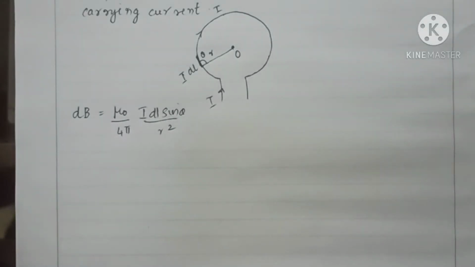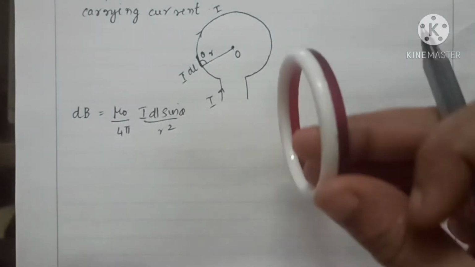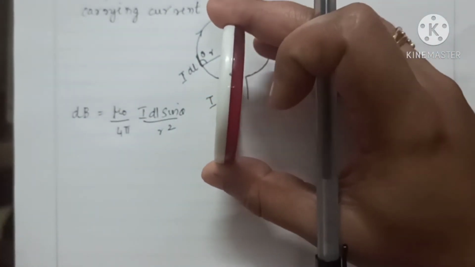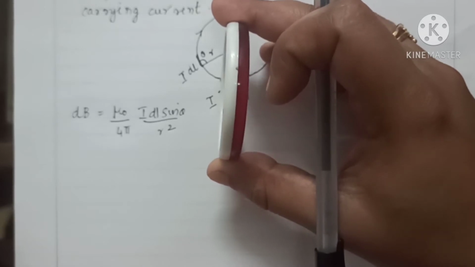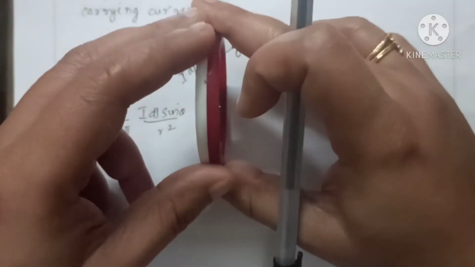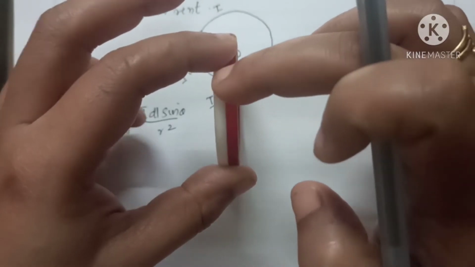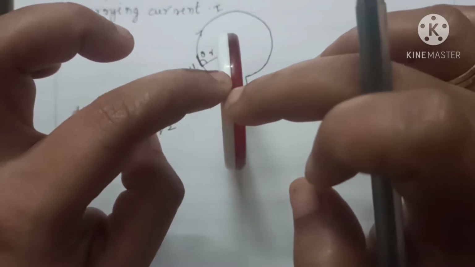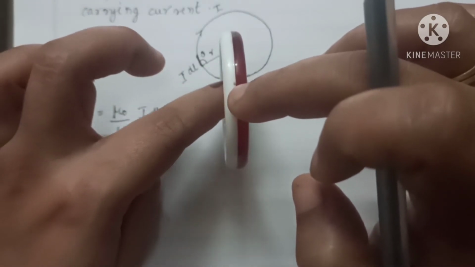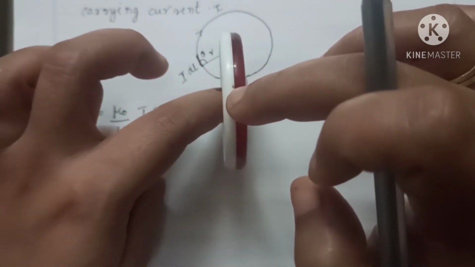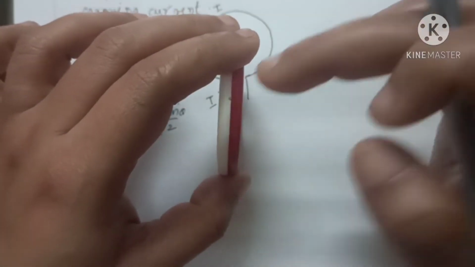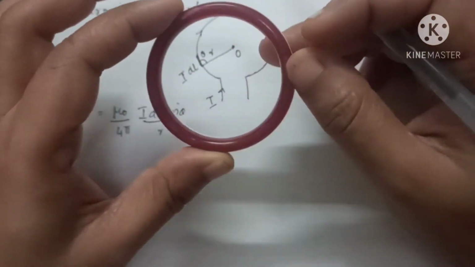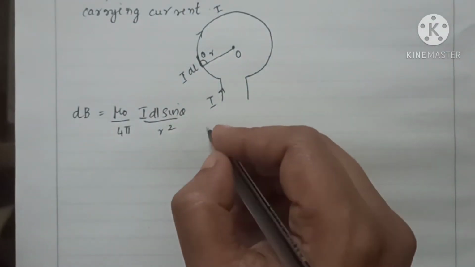How? Suppose this is our circular coil like this. Now we have considered a line element on this particular coil. Then what about the angle between the radius and the line element? It is 90 degrees. Clear? So theta is equal to 90 degrees.